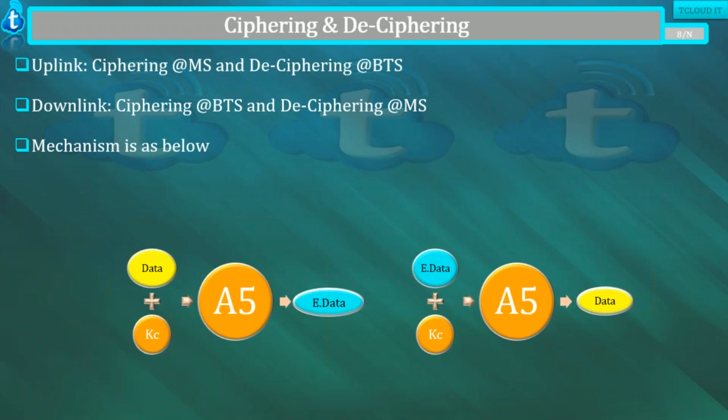But ultimately, on the radio interface, the data is exchanged in a secret, perfectly encrypted way, so that your information won't go to any third party. Nobody will be able to understand what you are doing. That is the ultimate goal of this ciphering and deciphering.